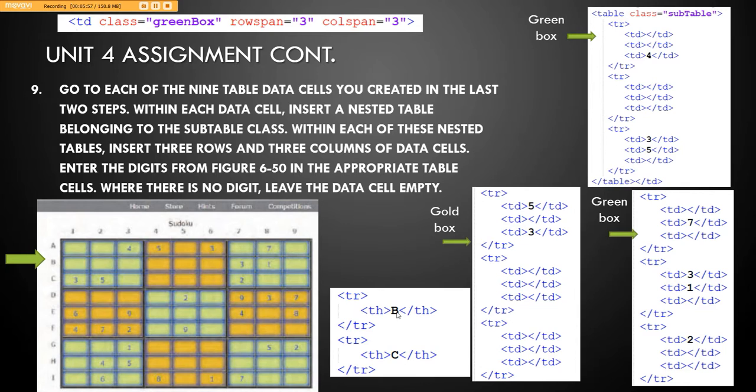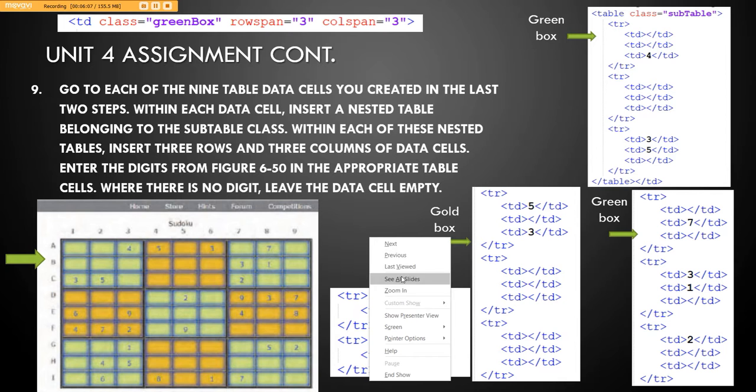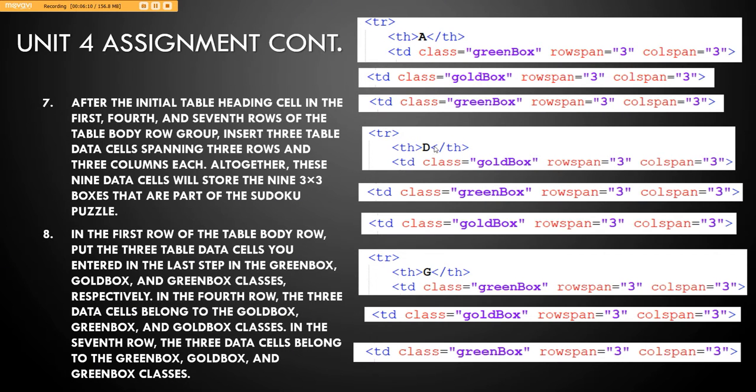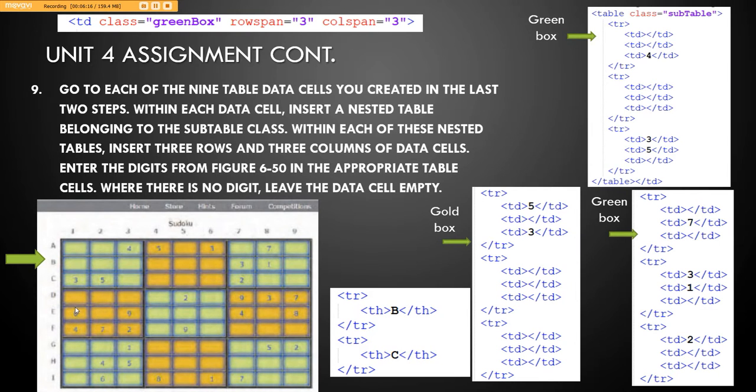And then we have our B and C, because remember this is A, so we have B and C. Then again, we have our D, which last time we did D was the gold box. So under the gold box, you're going to do the same thing.